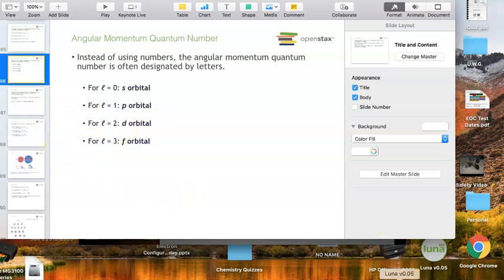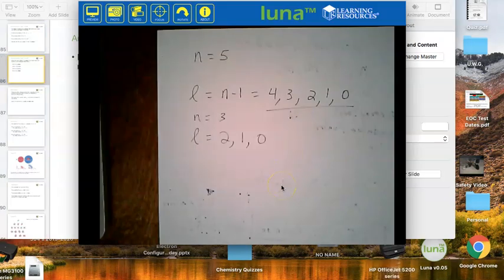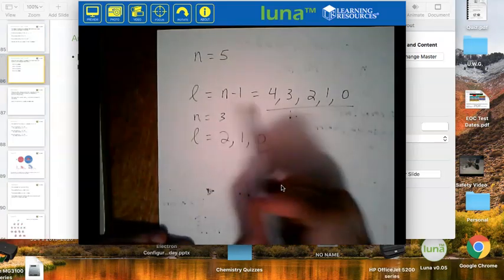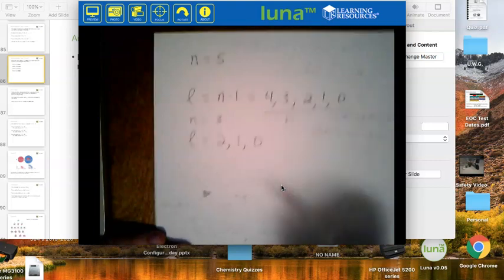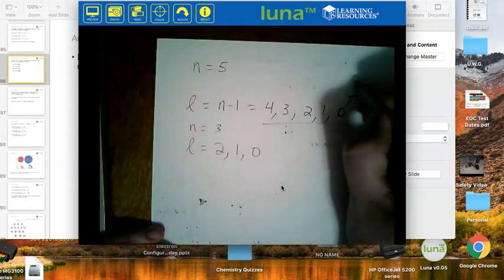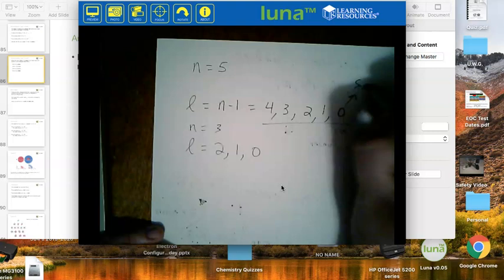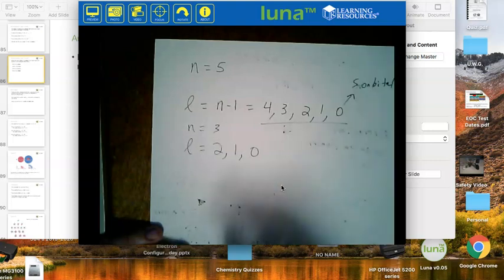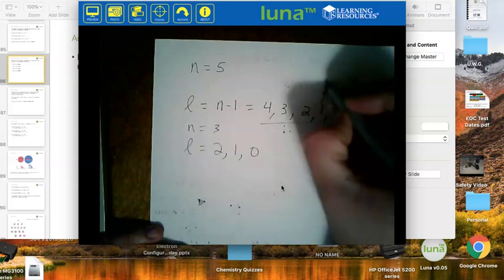So going back to our example here, if n is equal to 5, L is equal to 4, 3, 2, 1, and 0. The 0 means that's an s orbital, and then 1 means it's a p orbital.